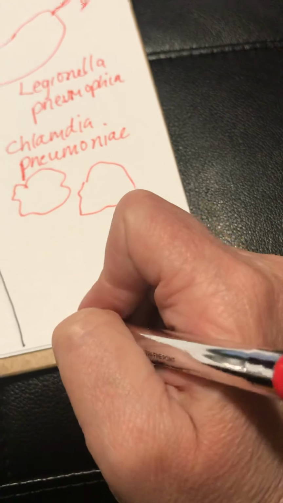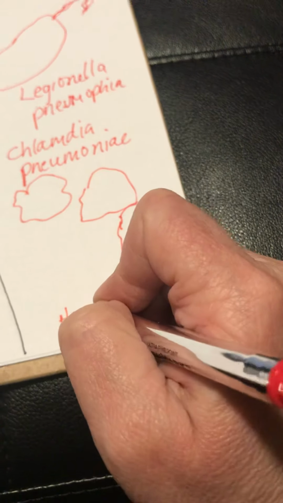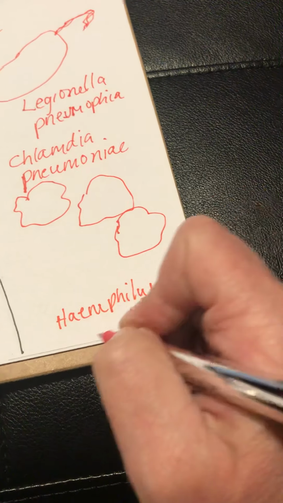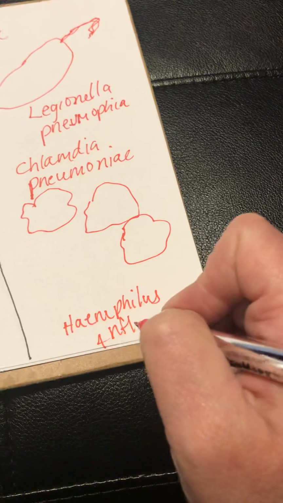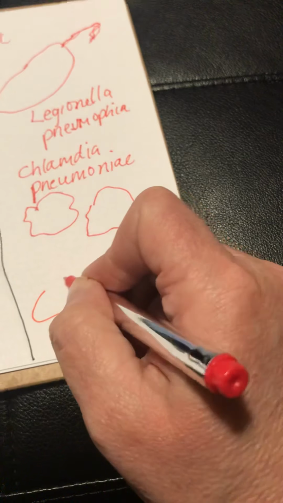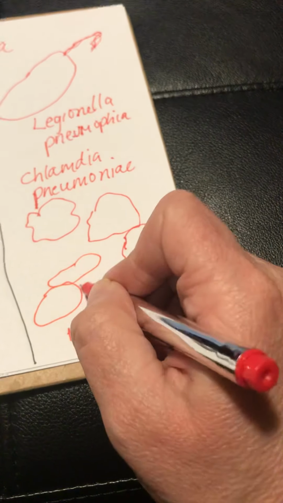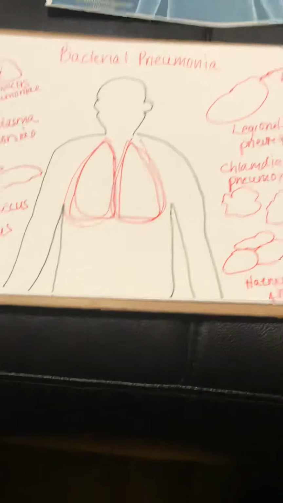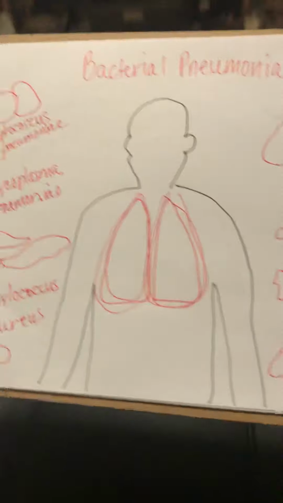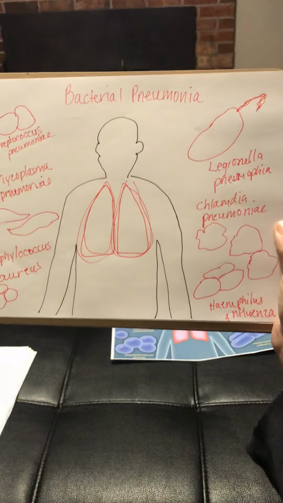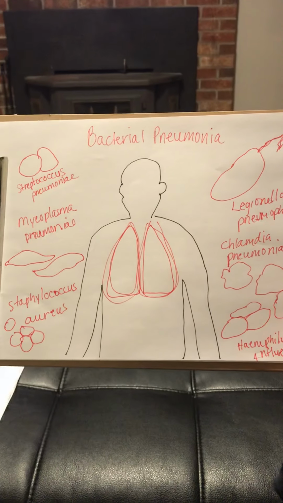And last but not least, we have Haemophilus influenza. And these guys look like this under a microscope. So those are the different types of bacteria that cause pneumonia.